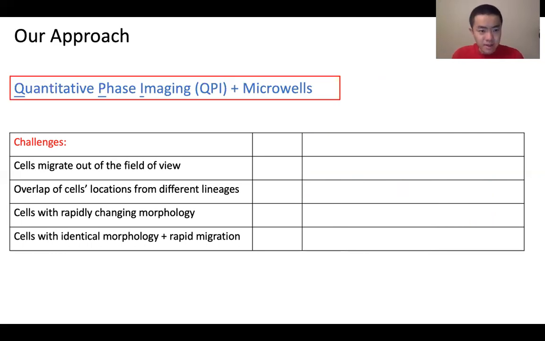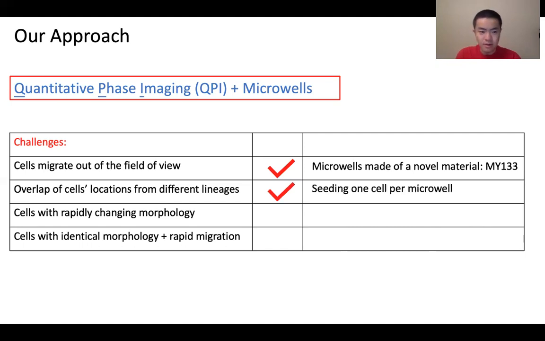Our approach is based on quantitative phase imaging plus microwells. With the help of microwells, we can confine the cells inside the field of view. And our microwells are made of a novel material called MY133, which we will discuss later.